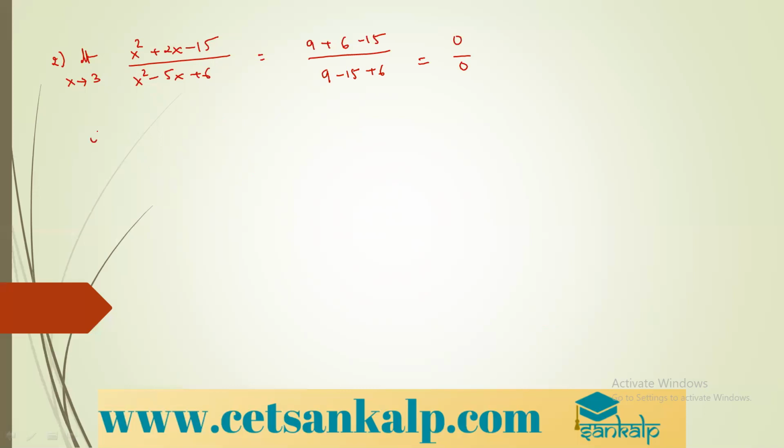So I can apply L'Hopital's rule. The derivative of the numerator is 2x plus 2 and the derivative of the denominator is 2x minus 5. Put x equal to 3: 6 plus 2 is 8, and in the denominator 6 minus 5 is 1. So the answer will be 8.